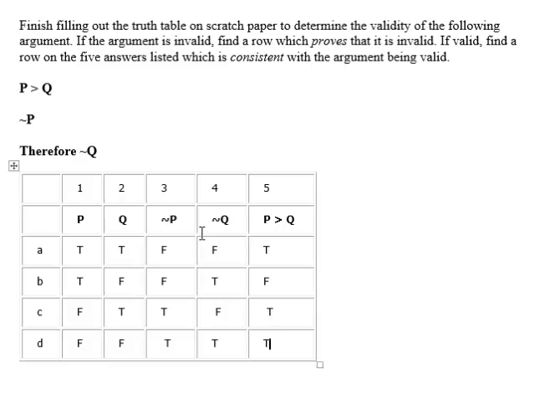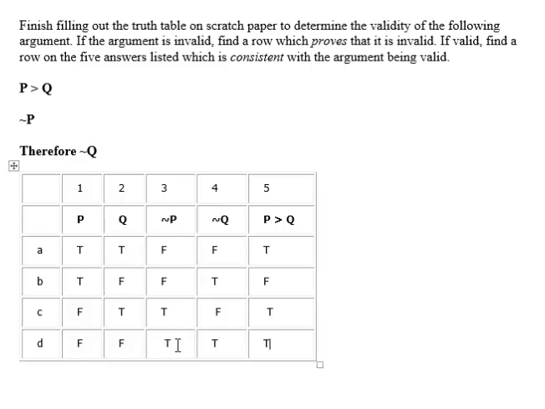Now that we have our truth table completely filled out, we simply look at columns 5 and 3, because column 5 is the first premise, column 3 is the second premise. And we first look to find if there's any rows that are consistent with the validity.